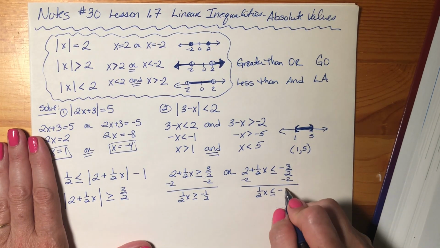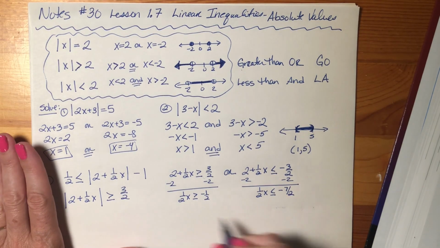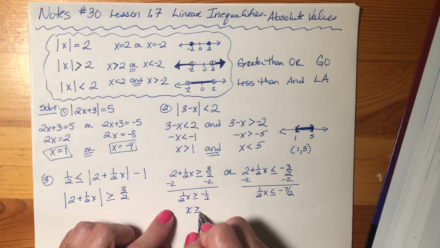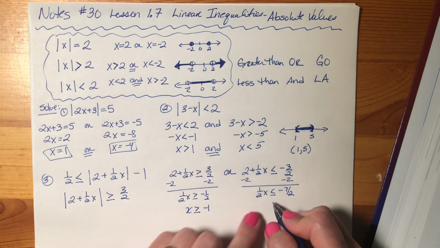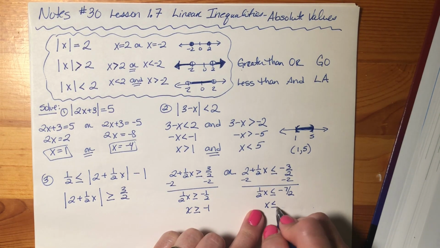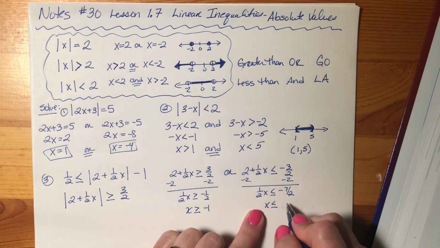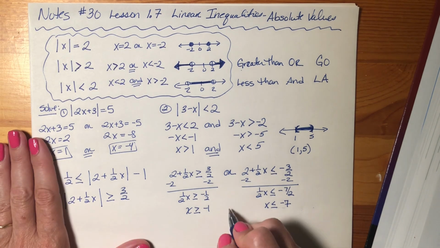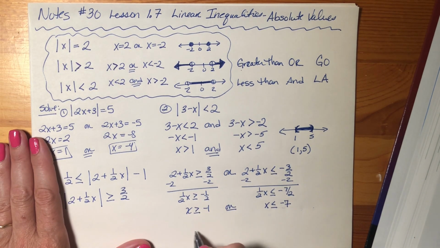I like fractions, so I'm going to say negative 7/2. I need to now multiply both sides by 2, so x is greater than or equal to negative 1. Same thing over here, multiply both sides by 2, so that would be x is less than or equal to negative 7. Okay, great. So remember, it's an or sentence.